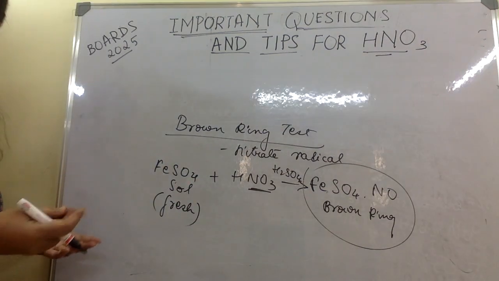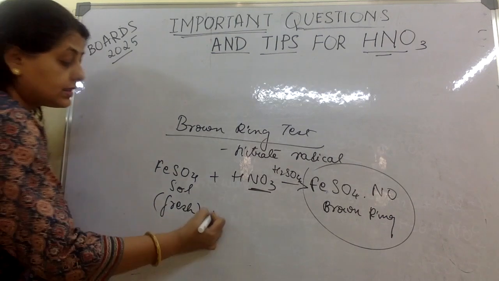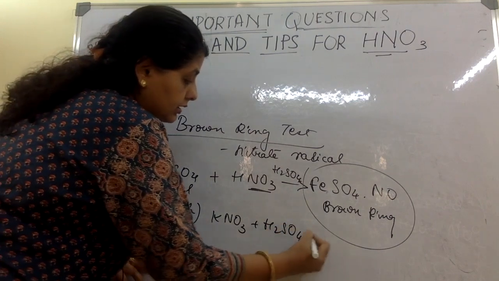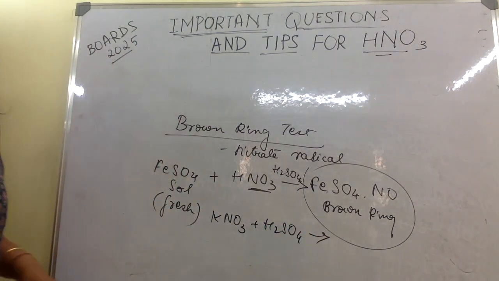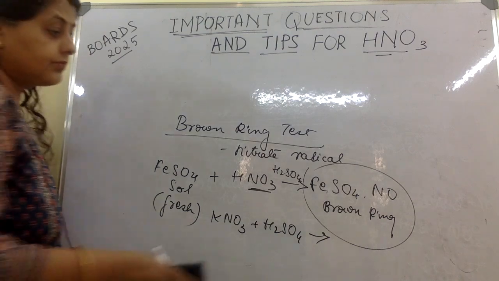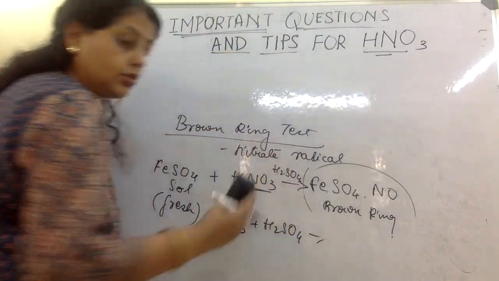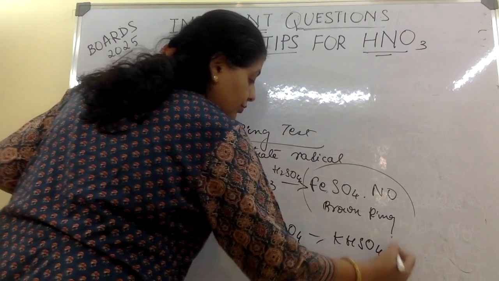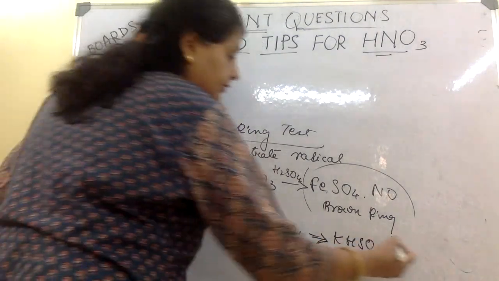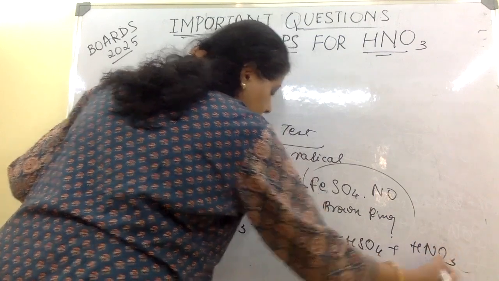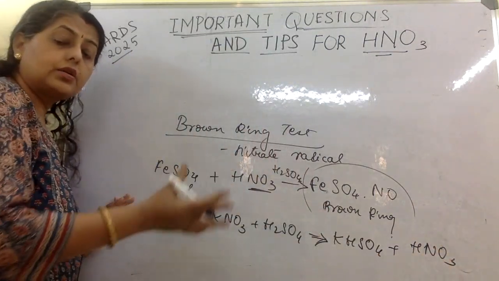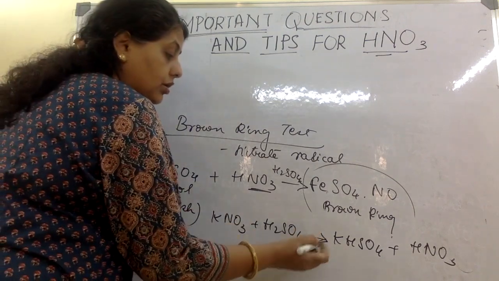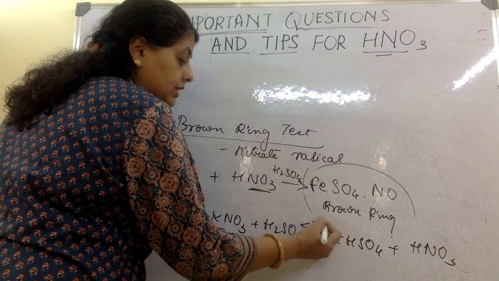Now there's just one more equation which is important, that is KNO3 plus H2SO4 gives KHSO4 plus HNO3. A similar equation we had in the preparation of HCl. Now this has to be always below 200 degrees centigrade.